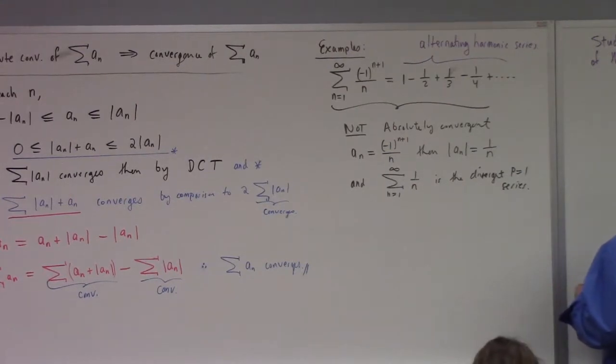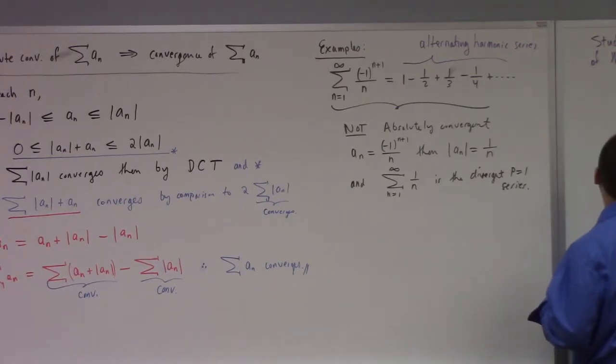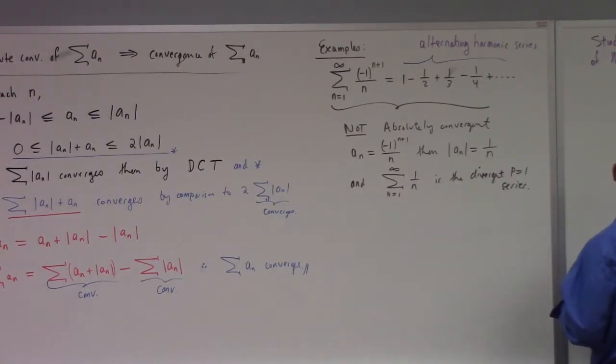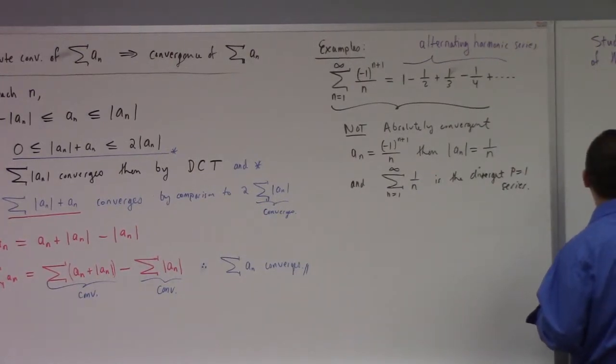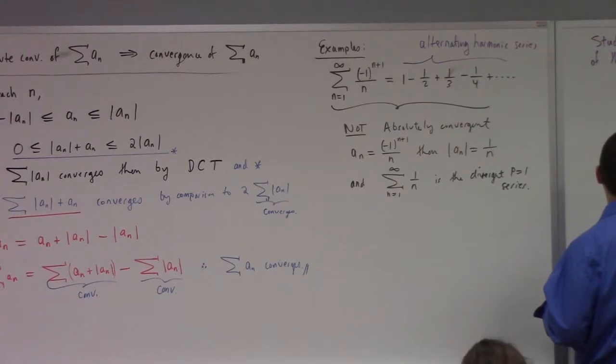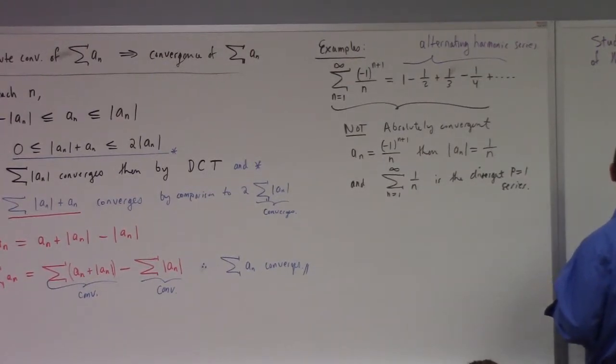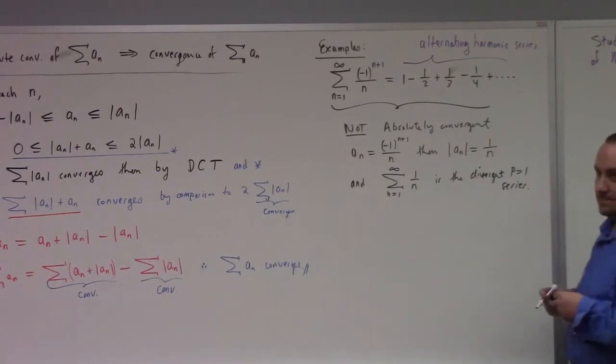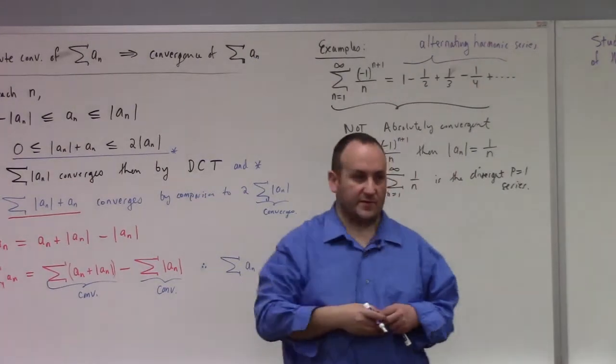So what's the first partial sum? Just 1, right? What's the second partial sum? 1 minus a half, which is what? 0.5, right? What's the third partial sum? 1 minus a half plus a third, right? I think that's 0.8333 repeating. What's the fourth partial sum?